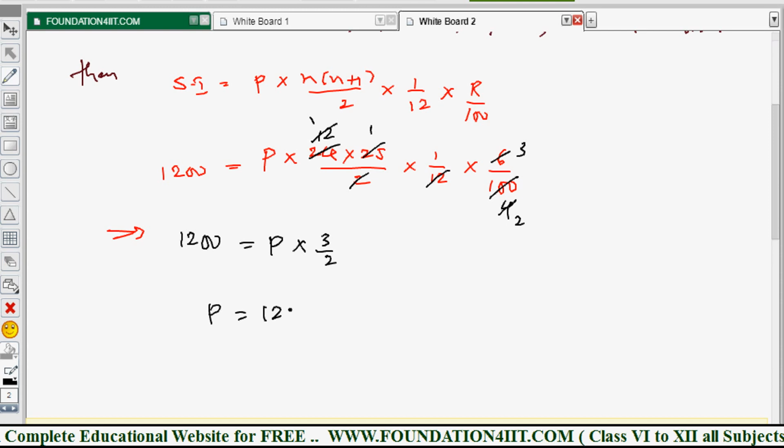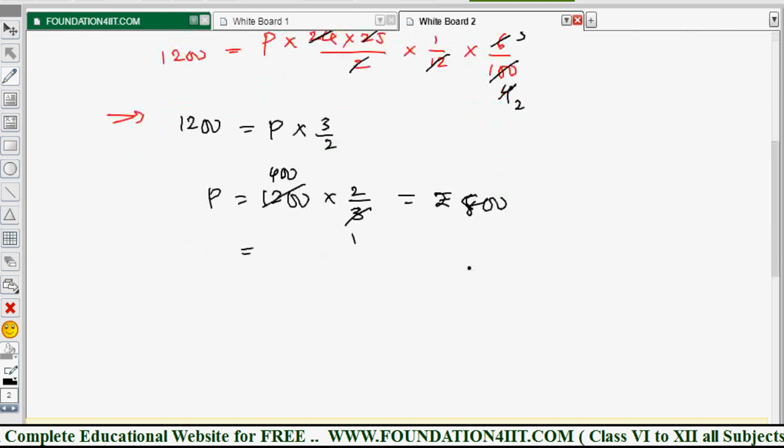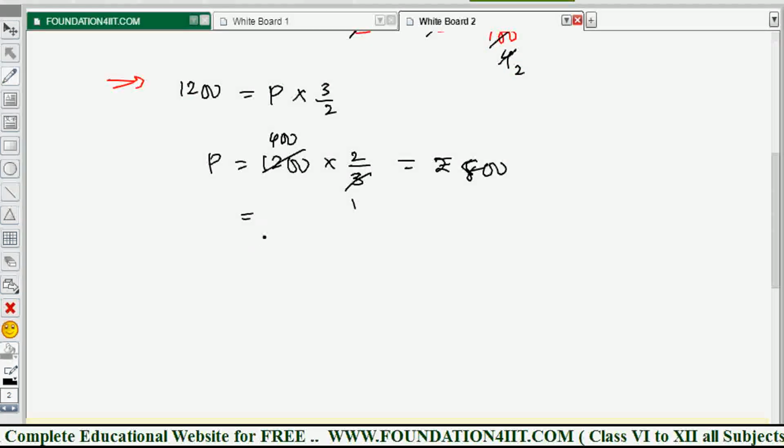Then P is equal to 1200 into 2 by 3, taking it to the other side. Again you can cancel: 3 fours are 12, 0, 0. So rupees 4 twos are 800. So 800 is the monthly installment now. Therefore, the monthly installment is 800, then you can find out the maturity value.